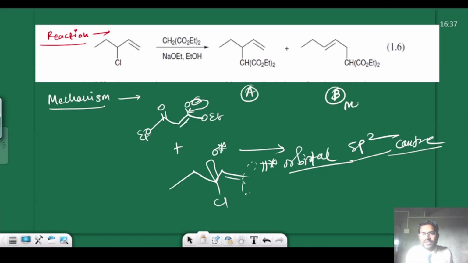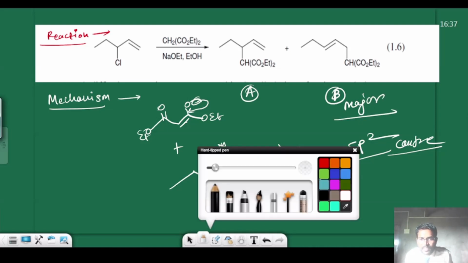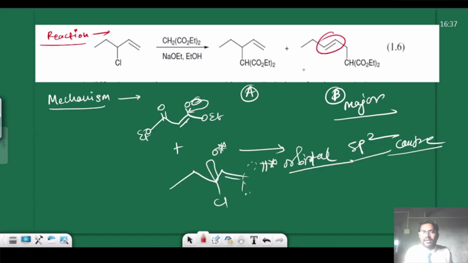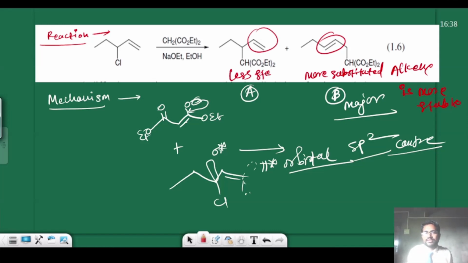So this one is the major one, because this alkene is more substituted. A more substituted alkene is more stable, and a less substituted alkene is less stable.